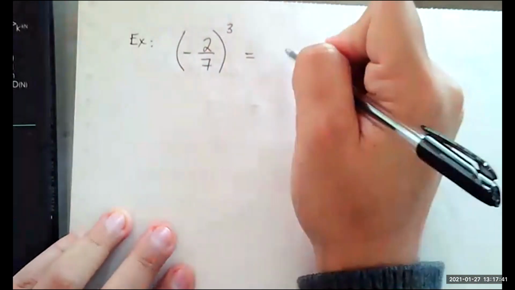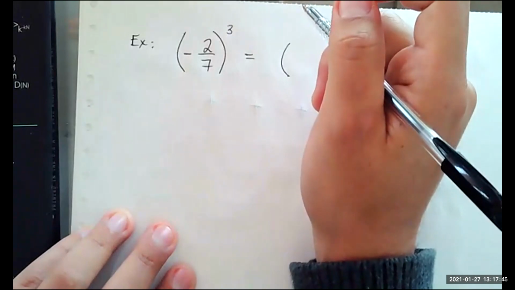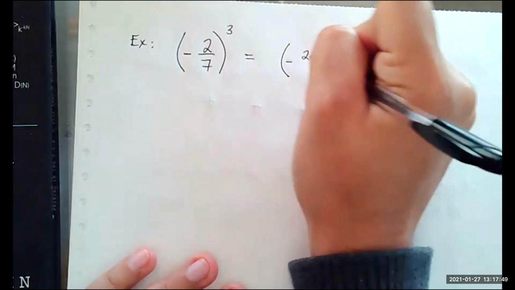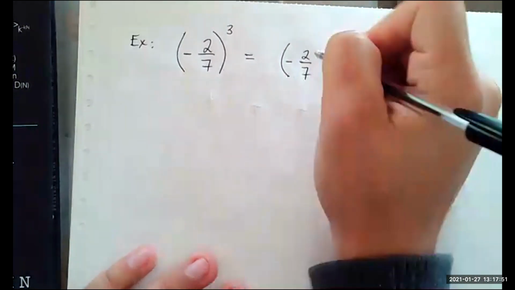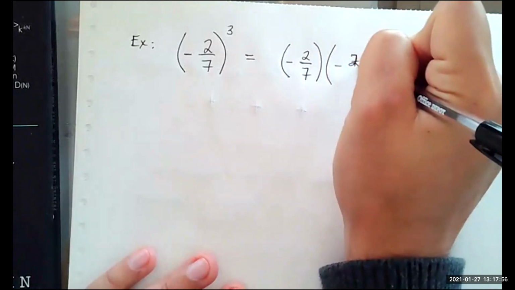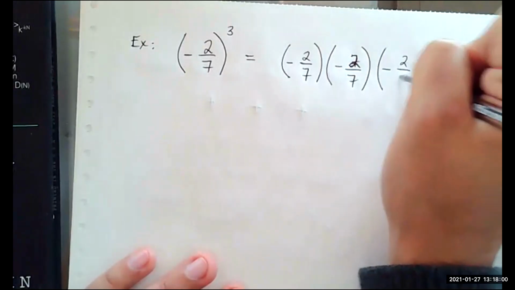So whenever I have a fraction and it's negative, I'm going to throw it in parentheses just so that it's less confusing. At least it is to me, okay? So I want you to be able to get comfortable with thinking like, okay, if this is going to be ambiguous, let me throw some parentheses in. Negative 2/7 there.